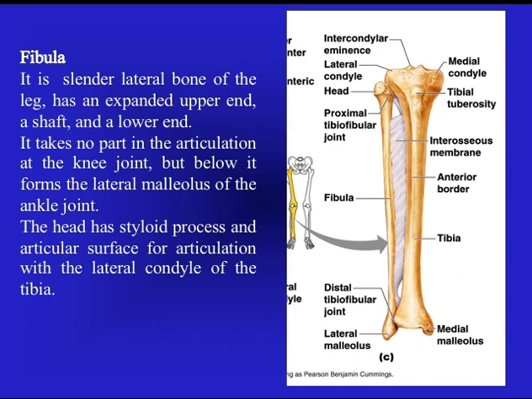It takes no part in the articulation at the knee joint, but below it forms the lateral malleolus of the ankle joint. The head of the fibula has a styloid process and an articular surface for articulation with the lateral condyle of the tibia at the superior tibiofibular joint.